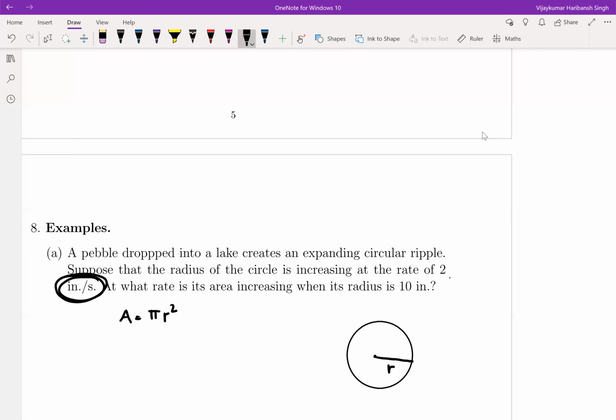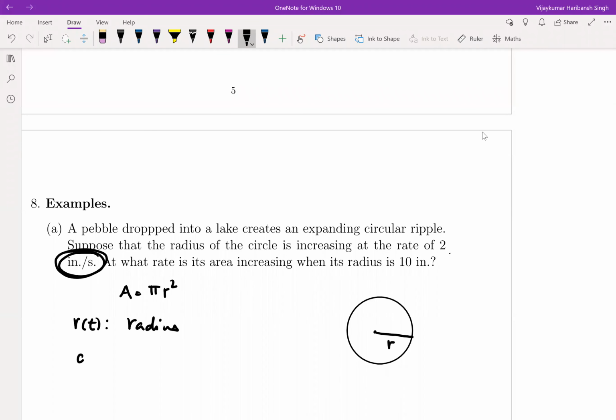So your radius R is a function of t. Why is it a function of t? Because as time keeps on increasing, the ripples expand. So that makes the area also a function of t.